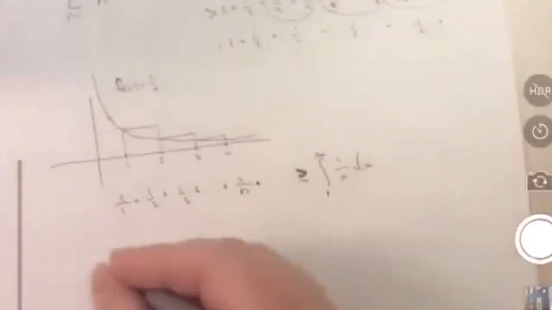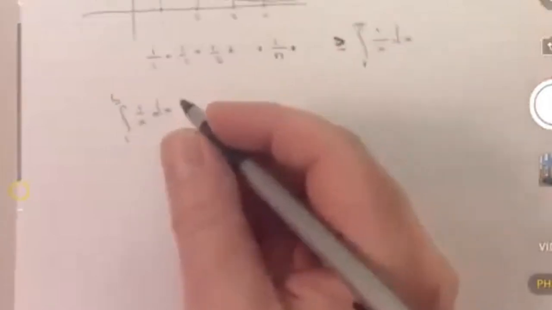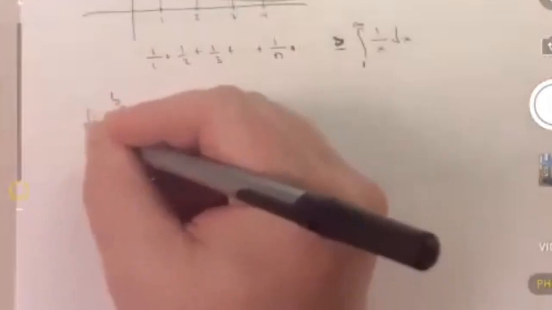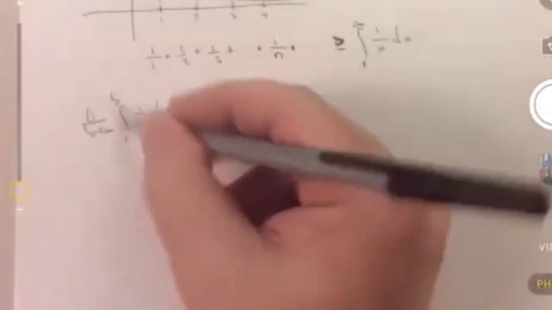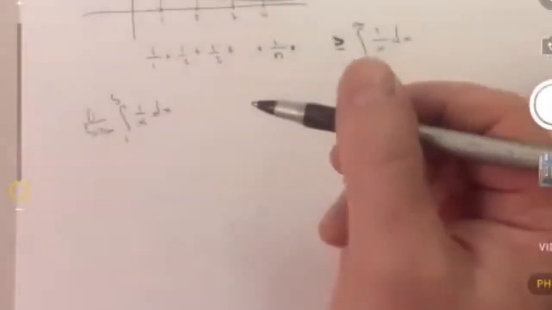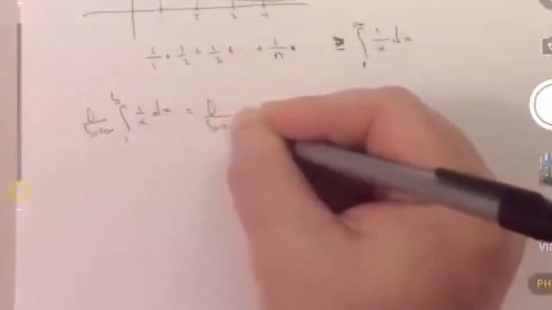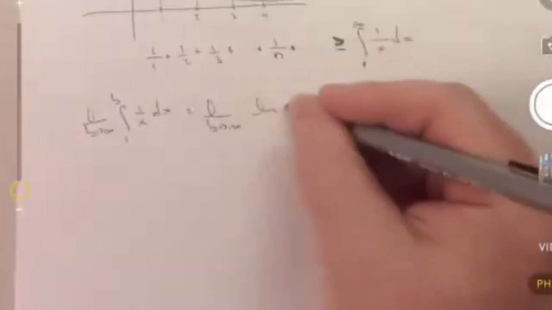But the value of this integral, so integral 1 to b, 1 over x dx, we'll take the limit as b runs off to infinity. Again, we're tricking the integral here. We want to use the fundamental theorem of calculus, so we need a closed interval on which to evaluate the integral. This is going to be the limit as b runs off to infinity of the antiderivative of 1 over x, which is natural log of x.